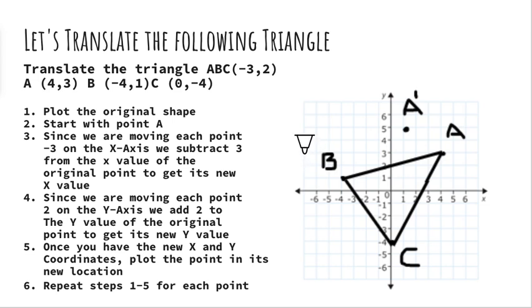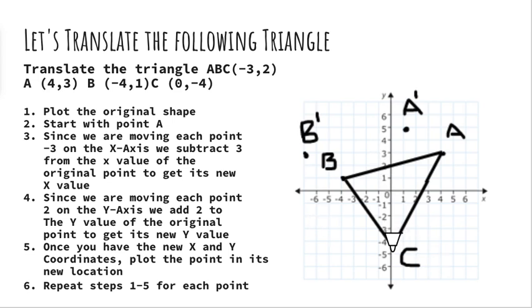And that's our point right here. Let me mark that a little bit better for you guys. That is going to be our new B point, and once again, we label it B prime. So you put that little tick there. There's B prime.